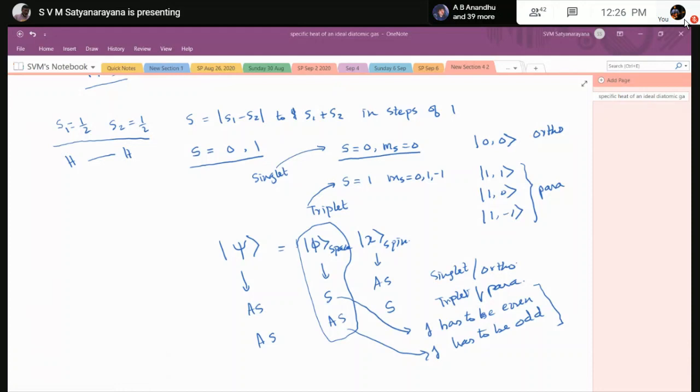So if you consider the spin of the nucleus, the spins of the electrons, all of them put together, if it has an integral spin, then you can call it a composite boson. So it has two nucleons and two electrons as a whole. Yes. So it should be a boson, right, because it will be an integral spin.